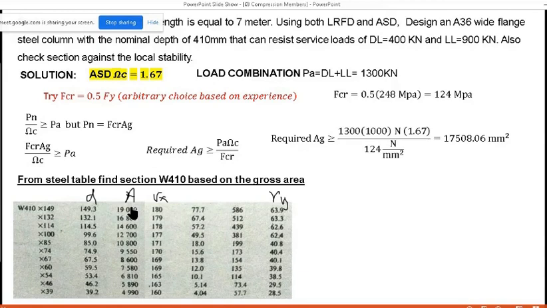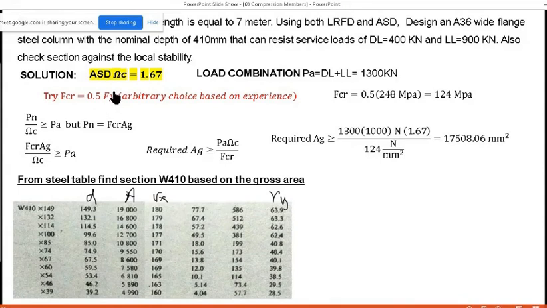Kasi you have to remember that yung AG natin here is just the benchmark based on our assumption dito na yung FCR natin is 0.5 of FY. So, we need to check yung next na section. So, kasi pwedeng yung susunod na section is pumasa doon sa ating load.